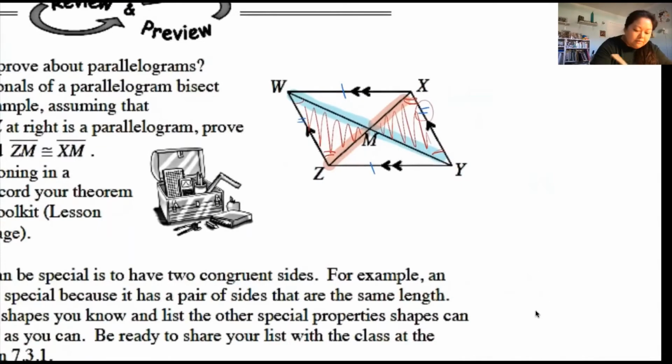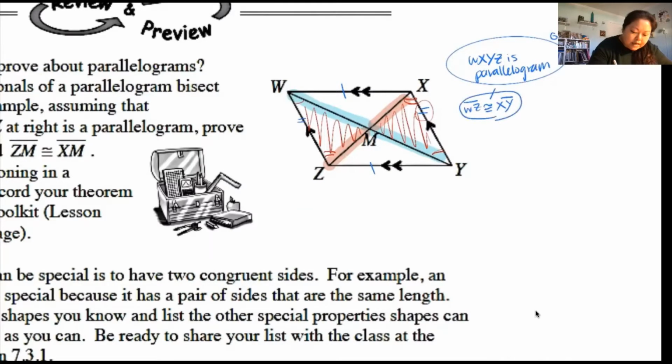Okay, so I'll start off by saying that WXYZ is a parallelogram. You need this information first because otherwise you can't start anywhere, right? And this is given. It told us it's a parallelogram. Okay, so because it's a parallelogram, it tells us a lot of things. First, WZ is congruent to XY, because this is the definition of parallelogram.